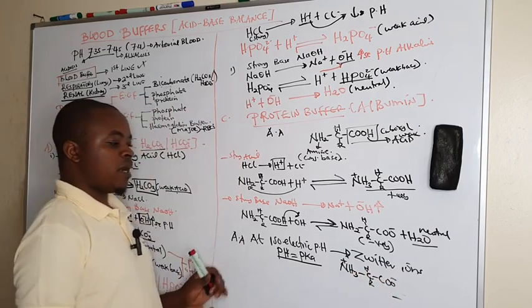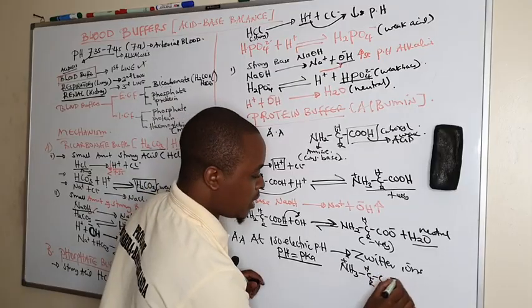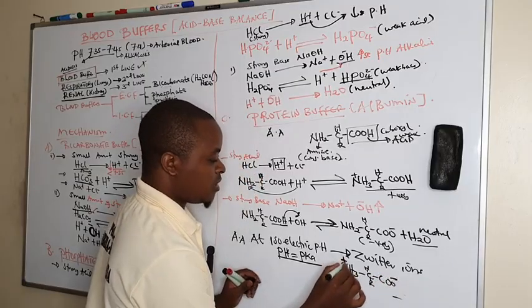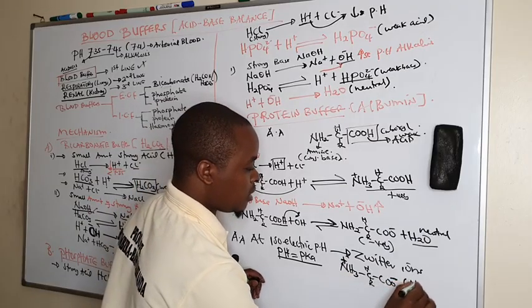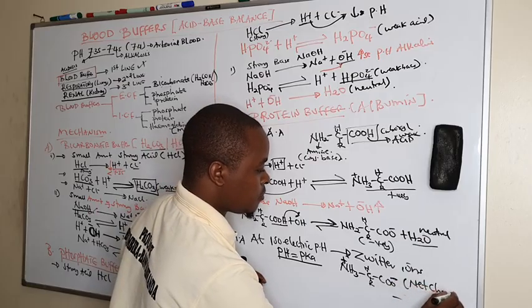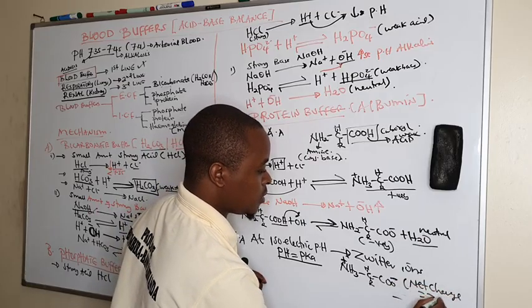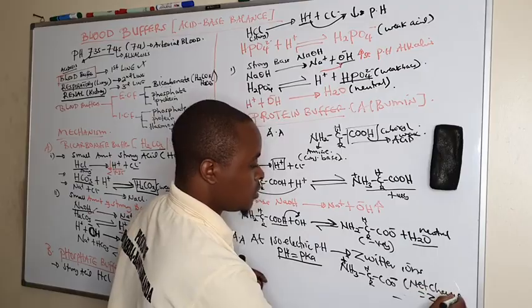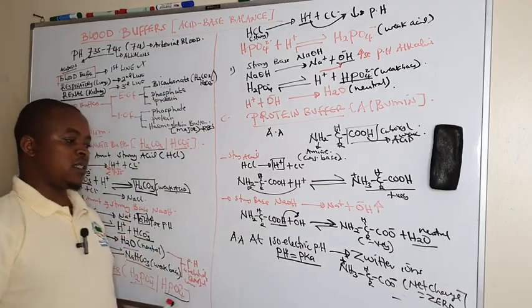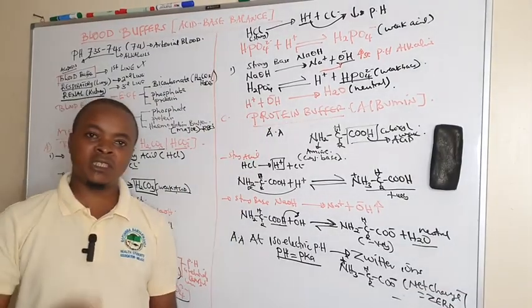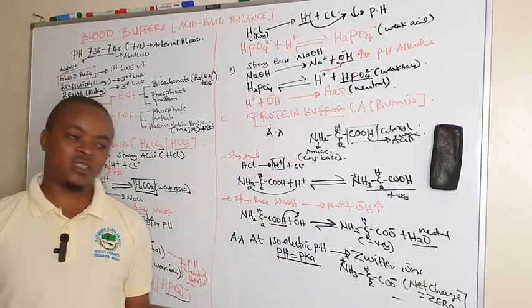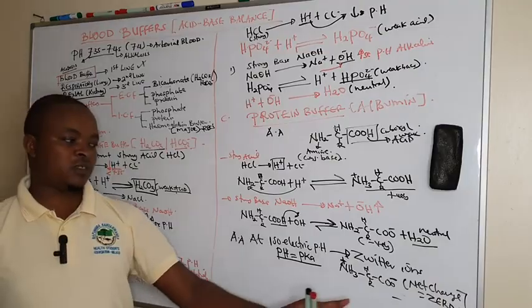So if this is an amino acid, it has both a negative charge and a positive charge, and the net charge is 0. So a Zwitter ion is a compound which is both positively charged and negatively charged, and the net charge is 0.